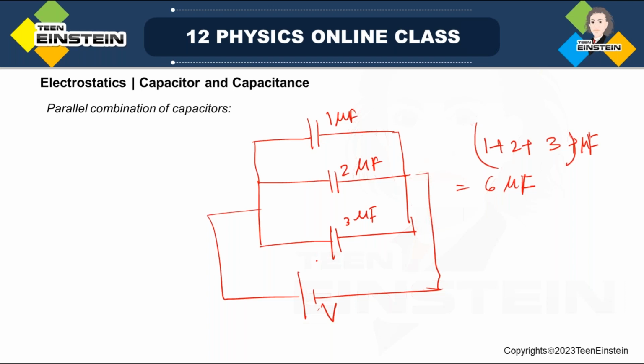Then the charge stored in each capacitor. Charge will be how much? So they are in parallel combination, so V is the same. Then Q1 will be 1 microfarad into 6 microfarad.